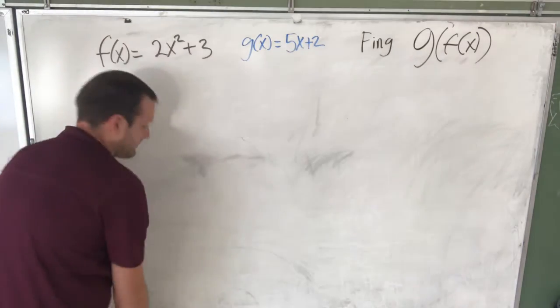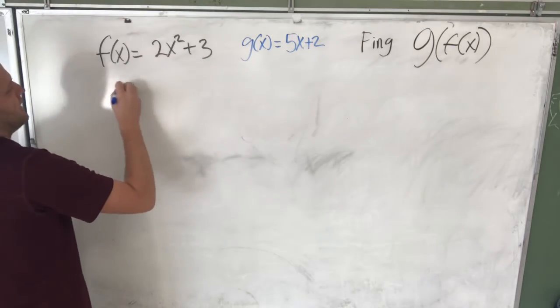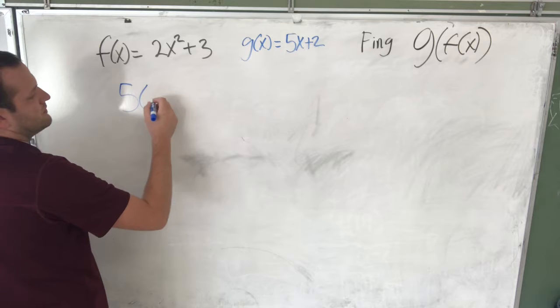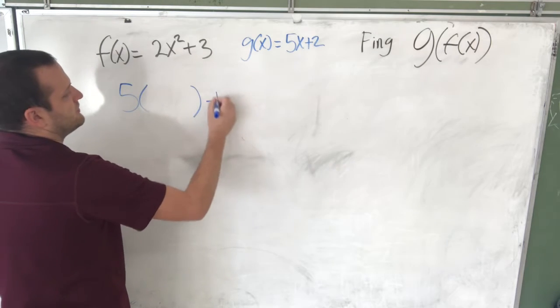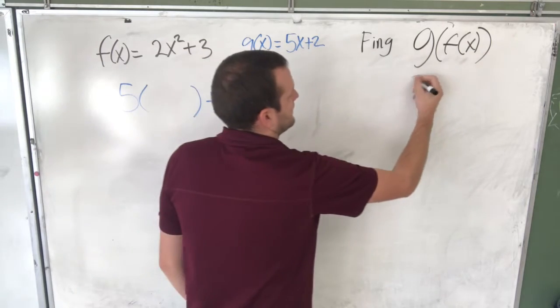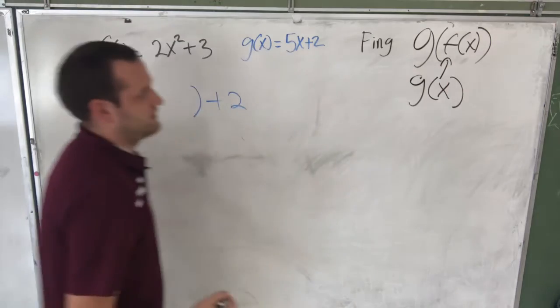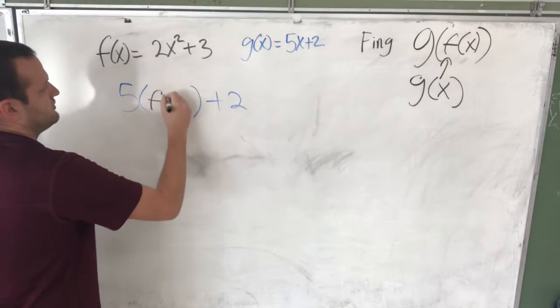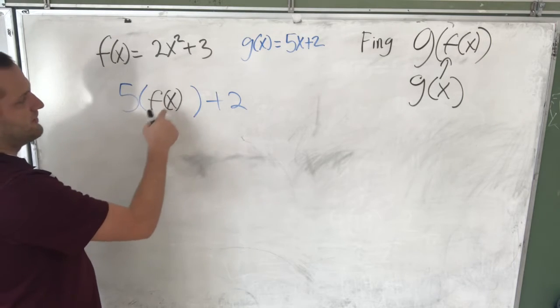So we're going to have our g equation, which is 5 times whatever the inside is, plus 2, okay? And we're replacing the x, so instead of g of x, we have g of f of x, so 5 times f of x plus 2.